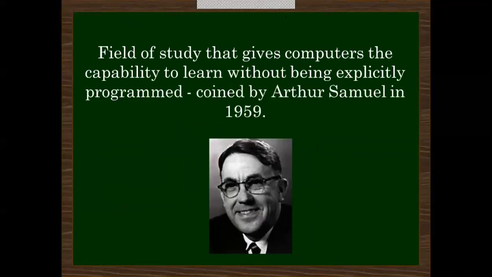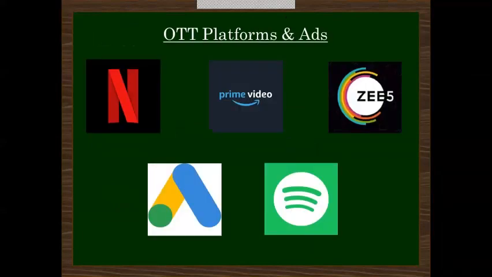So now we know what machine learning stands for, so let's move on to the next part of this video, which is to know where machine learning is applied in the real world. The most basic and common example of machine learning are the OTT platforms and the Google ads. So you must have noticed that when you watch something on the OTT platforms, you start getting recommendations based on what you have previously watched.